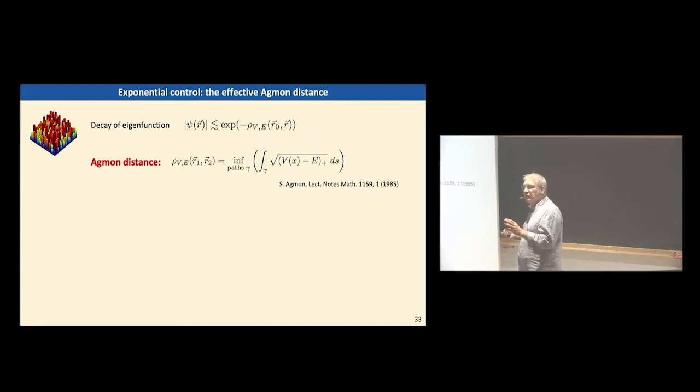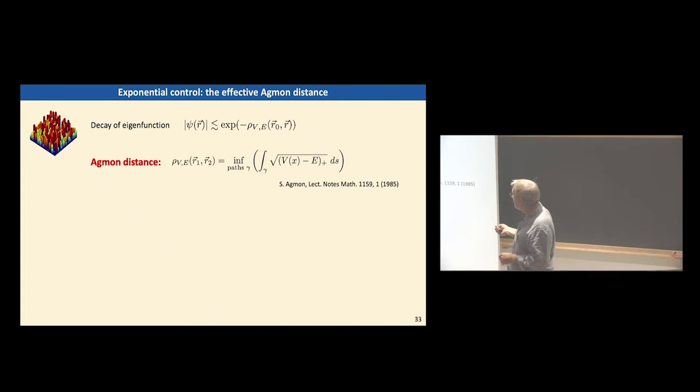Everybody has learned in quantum physics about the exponential decay through a barrier when you have a wave inside a quantum well. There is, in fact, a mathematical tool which works for any potential in any dimension, telling you what will be the exponential decay of a wave function outside its well. And this tool is the Agmon distance. This is the distance that you can define for any potential at any energy.